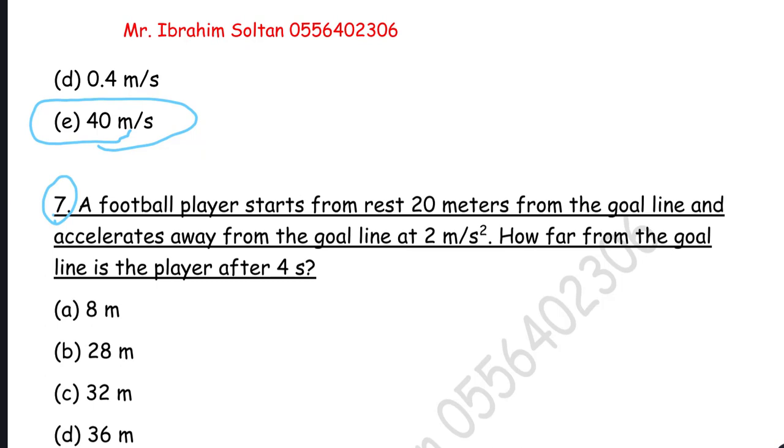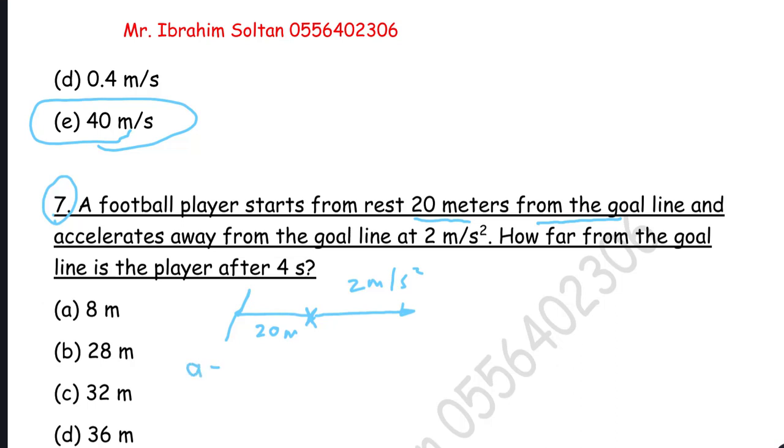A football player starts from rest 20 meters from the goal line. Imagine this is the goal line. He starts here, 20 meters from the goal line, and accelerates away in this direction at 2 meters per second squared.